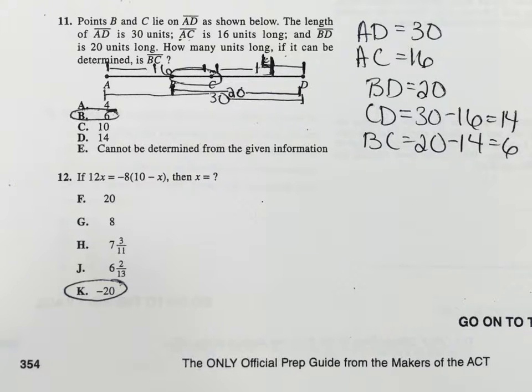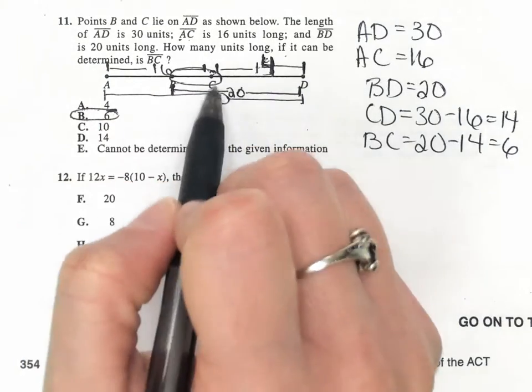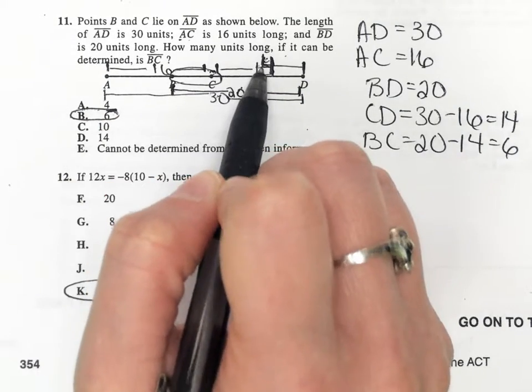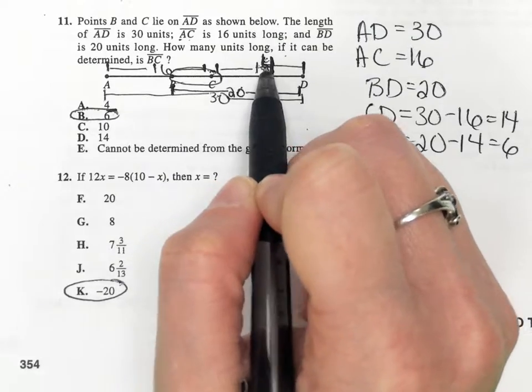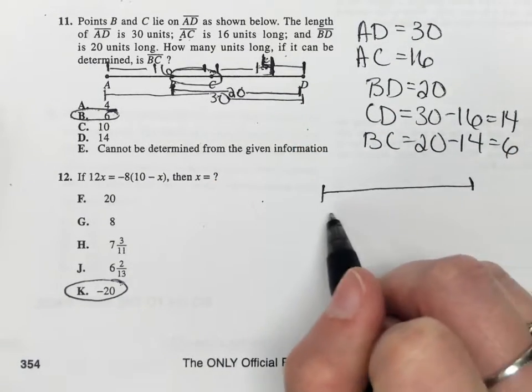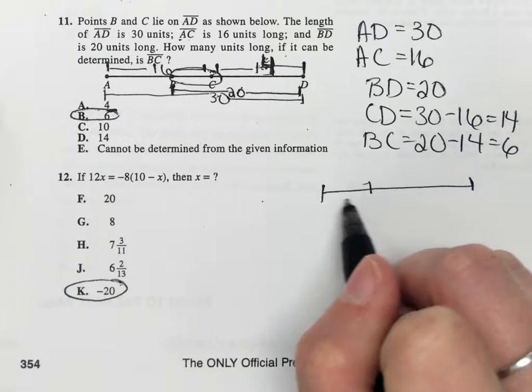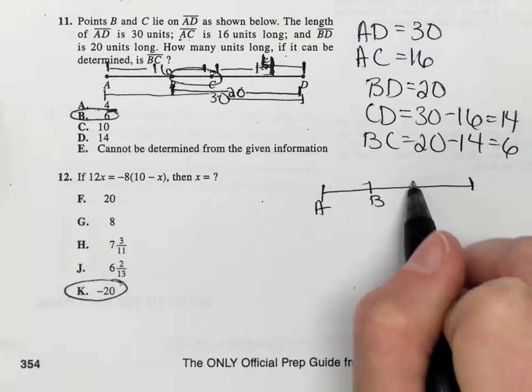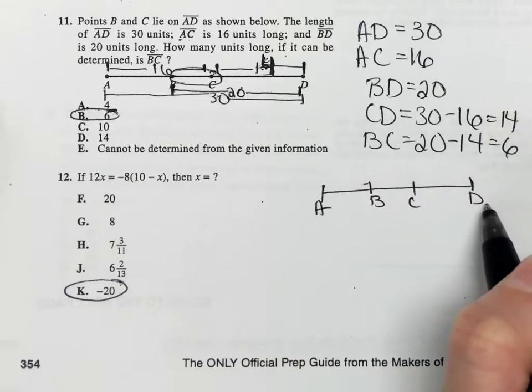Wait, I thought you would have to do 30 minus 20 to get the 10. Then you would subtract those answers to get the 4. No. You do 30 minus 16 to get this missing piece over here. Let me redraw it because it's a little bit of a hot mess right now. So the whole piece was 30.